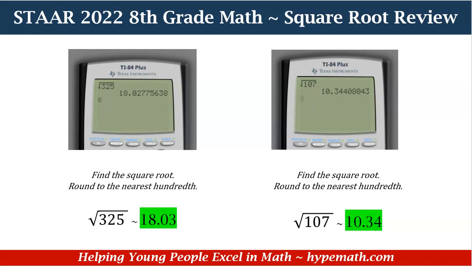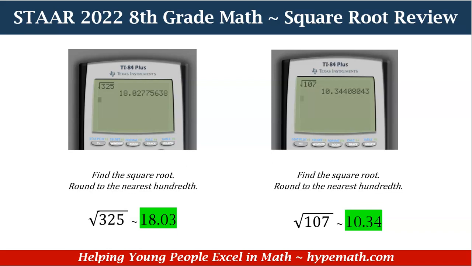So we need to round. We look right next to the 2. We see that it's a 7. Because 7 is greater than 5, we are going to round that 2 up to 3. So our answer for the square root of 325 is 18.03.